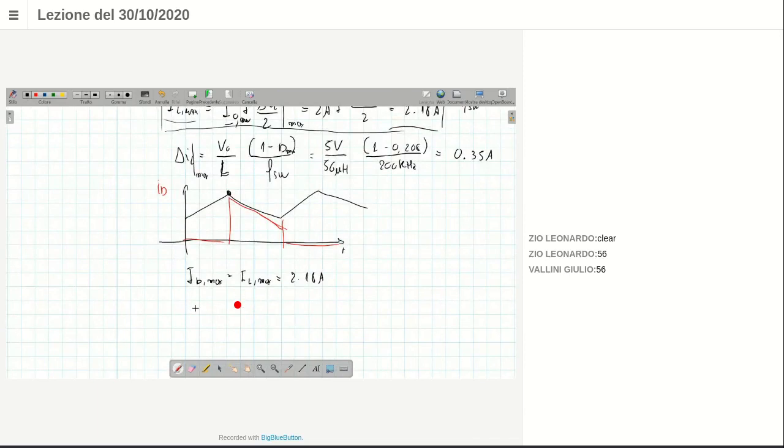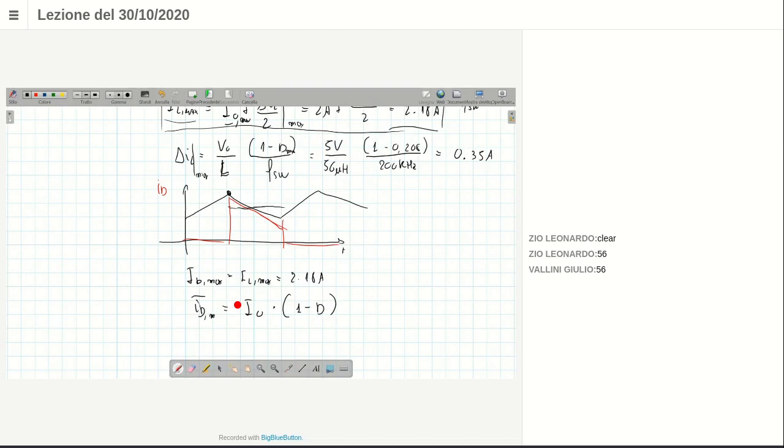And we have said that I averaged can be estimated, neglecting this ripple in the current, as the output current times 1 minus the duty cycle.